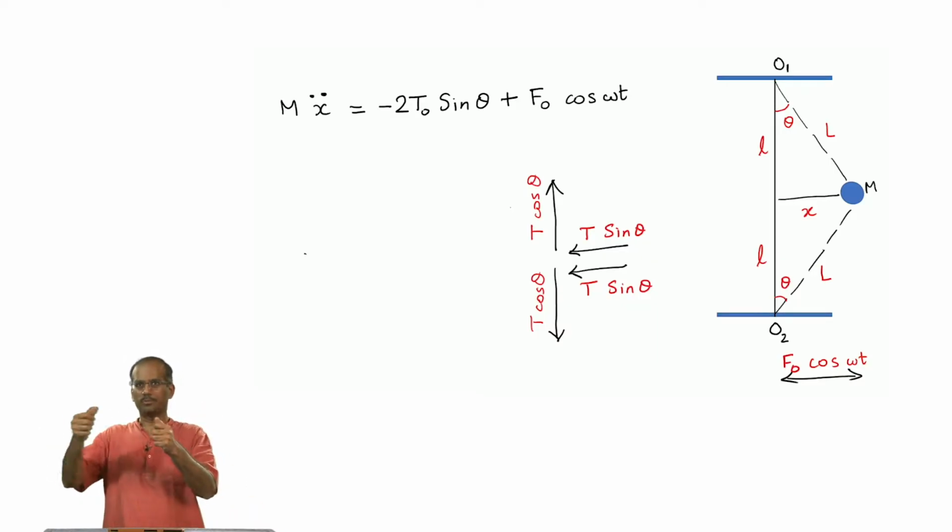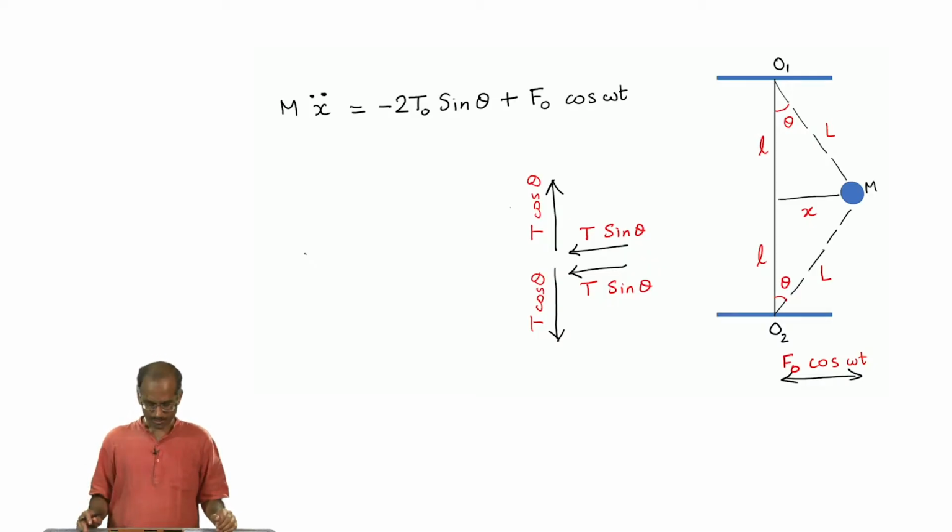You pull it apart on one side and leave it, and that sets it into oscillation, and of course you can ask what the time period and the oscillatory frequency of oscillations are. The important thing is that the angle of displacement theta is no more taken to be small. Whenever theta is small, you could get away by assuming that the restoring force is proportional to the angular displacement. That assumption we cannot make anymore.